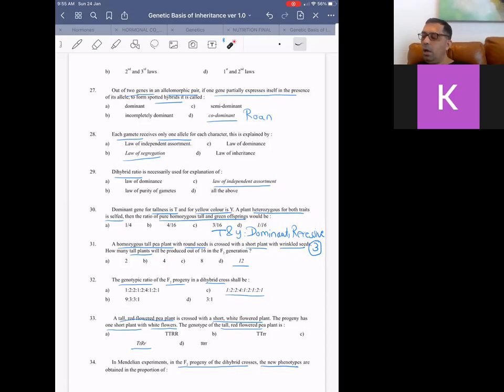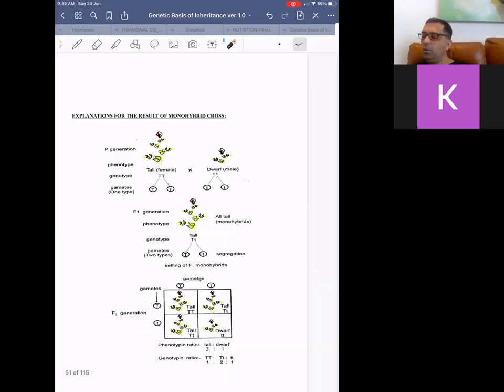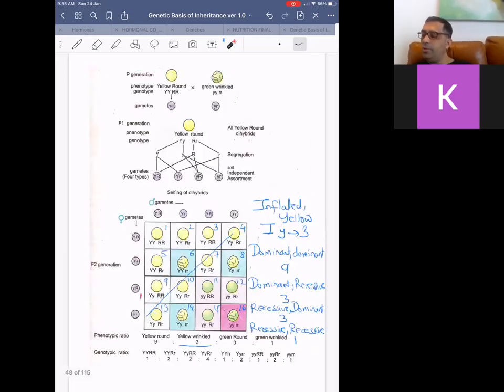Pure homozygous tall and green offspring, that means capital T, and small y. Or you get capital T, capital Y. Anything that is double homozygous is always one.